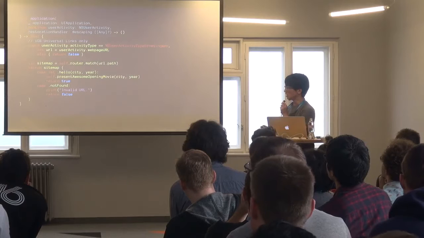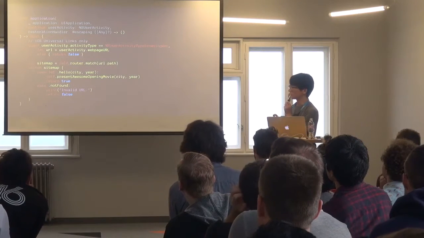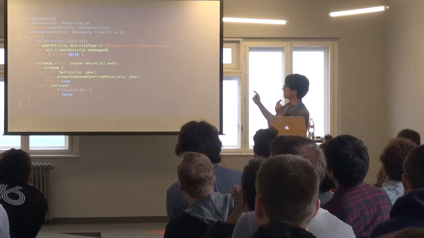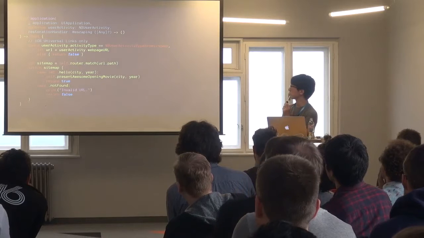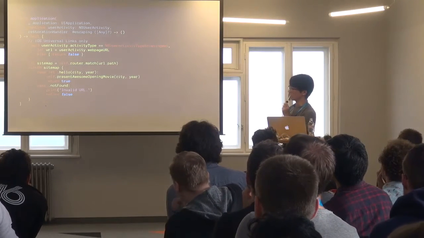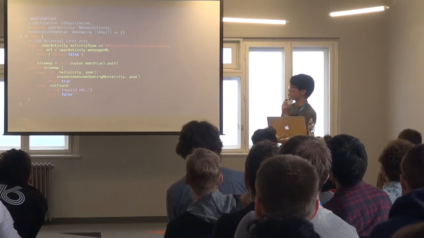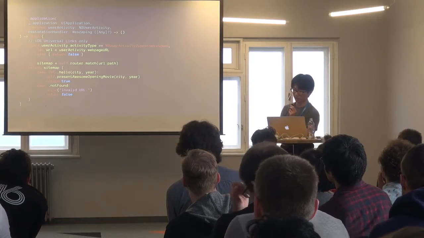And using this router is easy. This is an example of iOS's universal link. We first check the activity type to make sure that it's from a universal link, because this is the delegate method in the app delegate. You also have handoff and Spotlight search APIs, so you have to check that first.